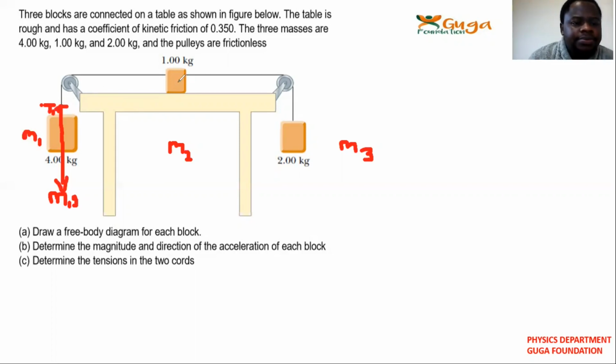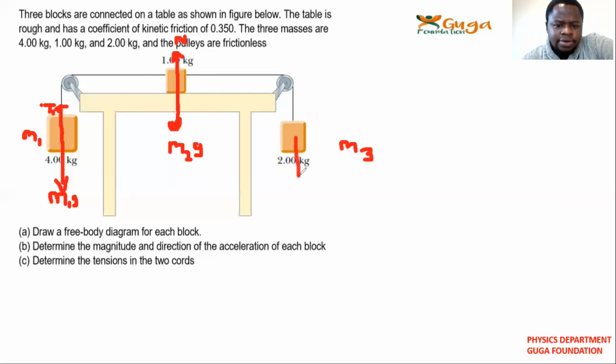And then also here you're going to have a weight, because you know that this is the surface, so you'll have a weight which is pulling it down, so it will be M2G, and then from here you'll have a normal force which is opposite.